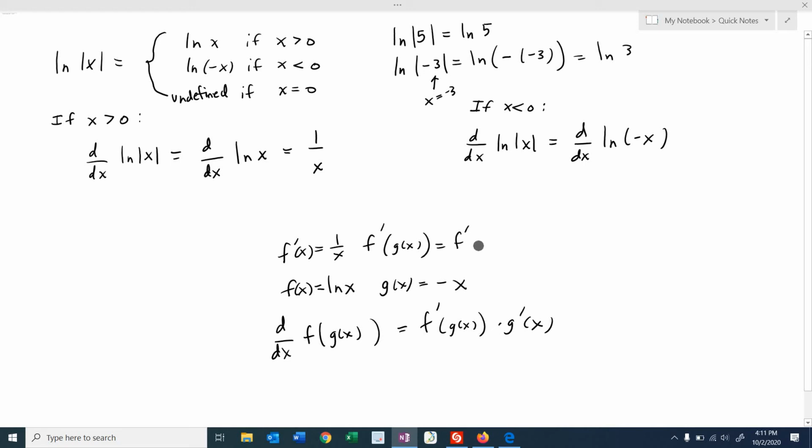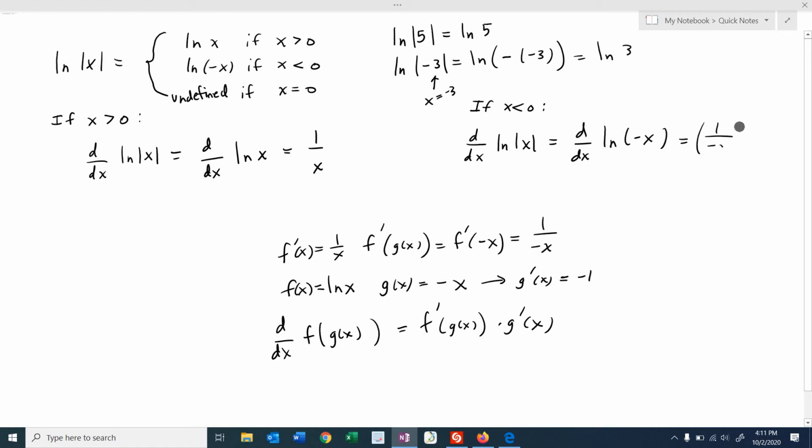So it's really f prime evaluated at negative x. And that gives us 1 over negative x. Okay, and then of course g prime would be the derivative of this function, which is just negative 1. And so this is our outer derivative and our inner derivative, and then we just have to multiply them together to get this derivative.